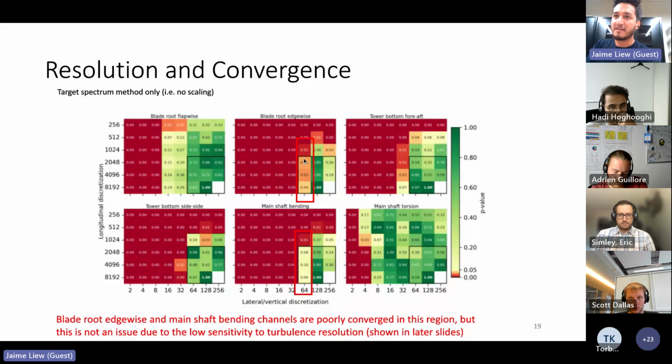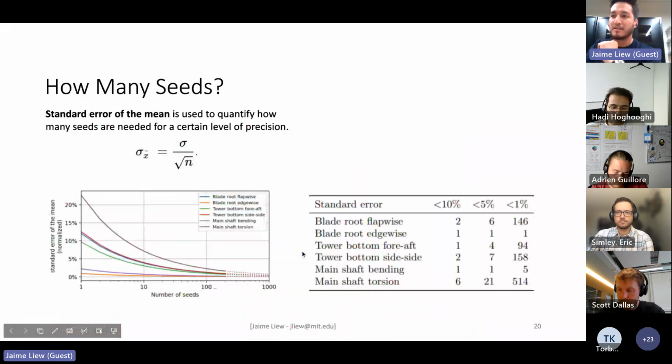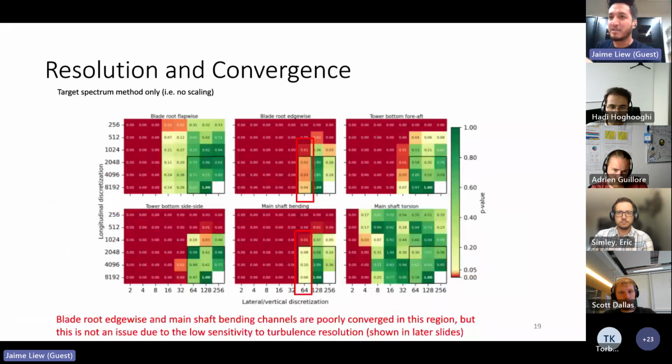And there's something else you will notice if you look closely. Within this square where I've recommended the particular resolution, there's the blade root edgewise and the main shaft. Oh no, sorry, they're actually not that converged. They're very close to the 5% mark or less than 5%.